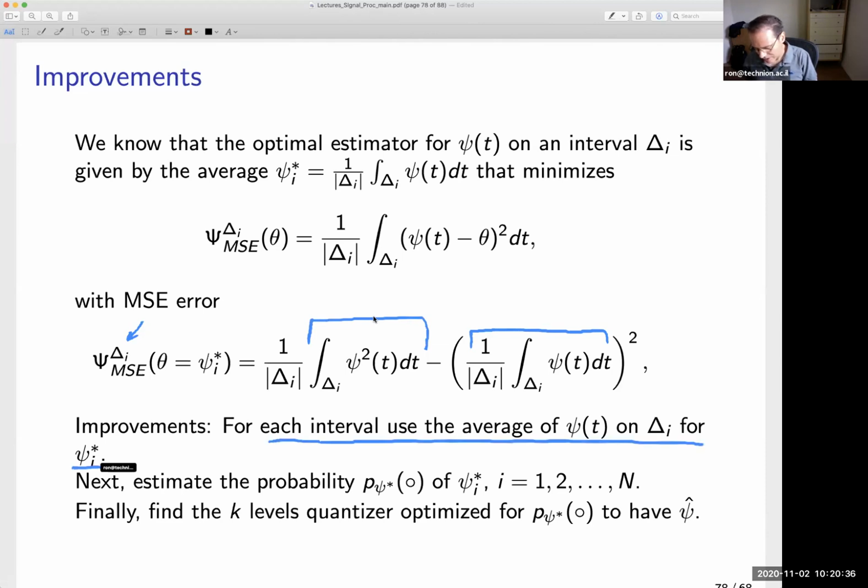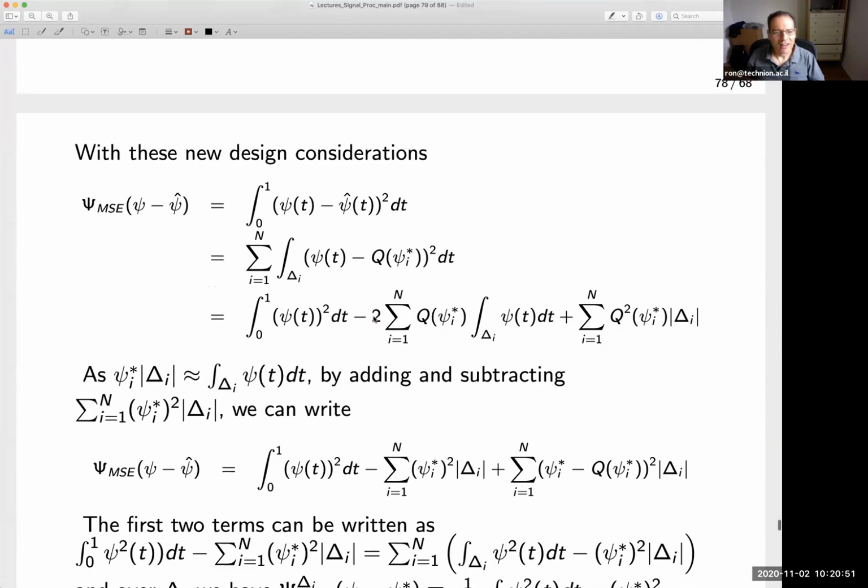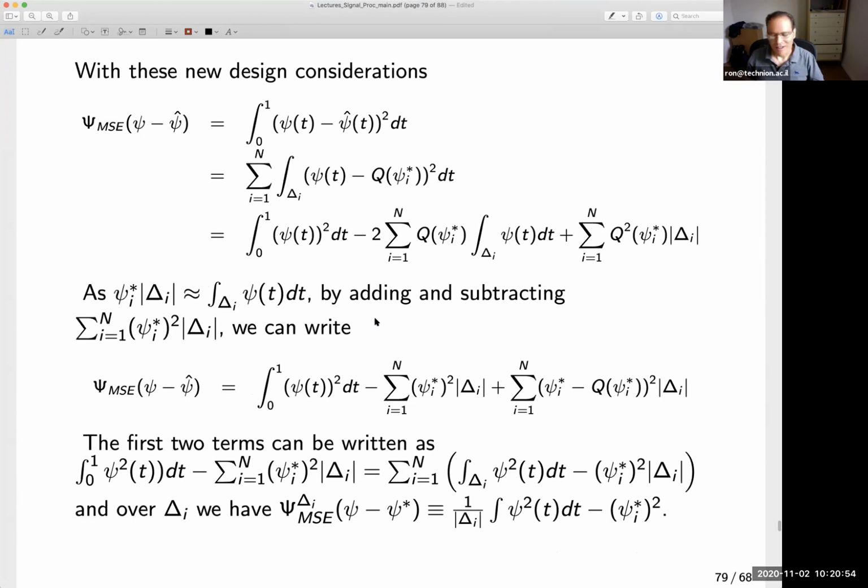So again, assume that some oracle is giving that to us. I'm now talking about the previous. So the problem now is how do I estimate my P of psi, okay? And the idea is that if I know how to estimate my P of psi, then with the new design I can find a new quantization.